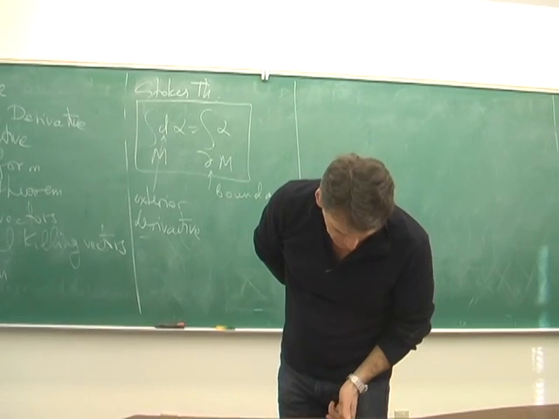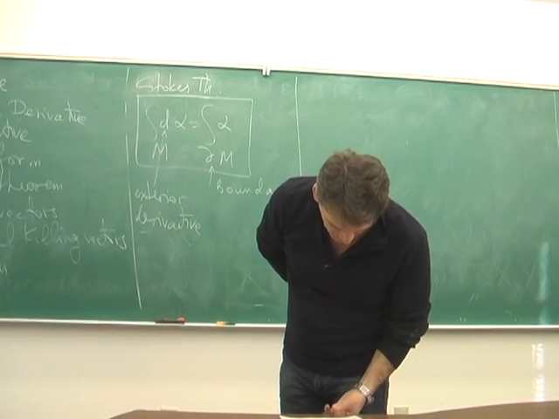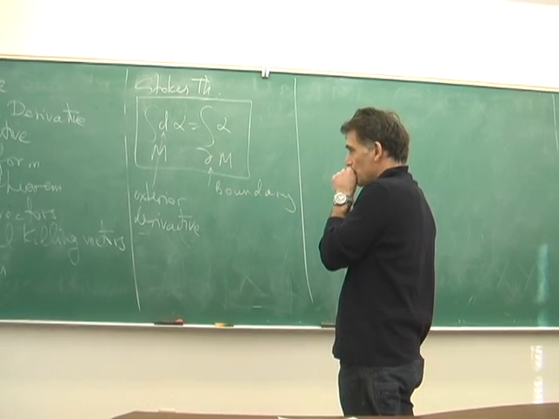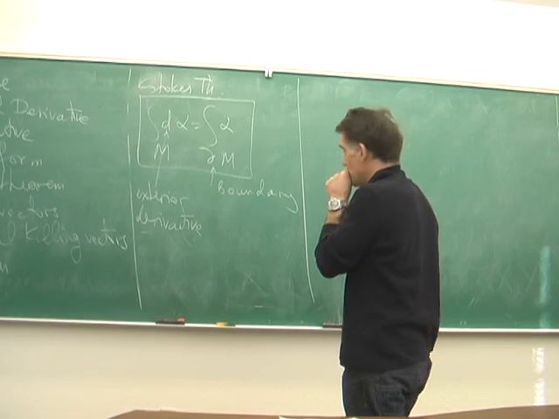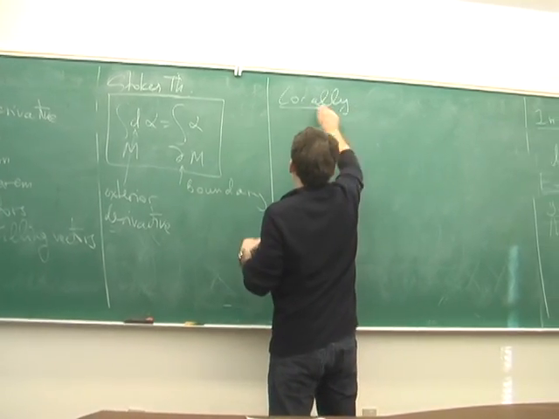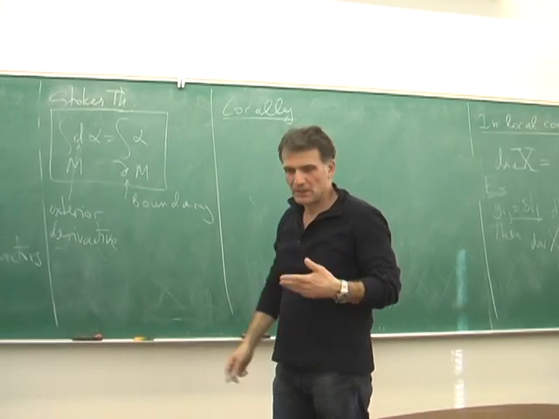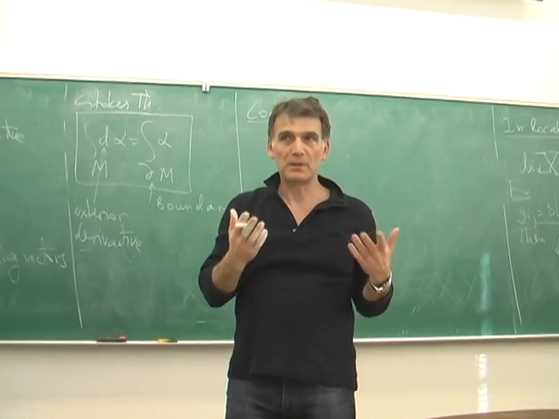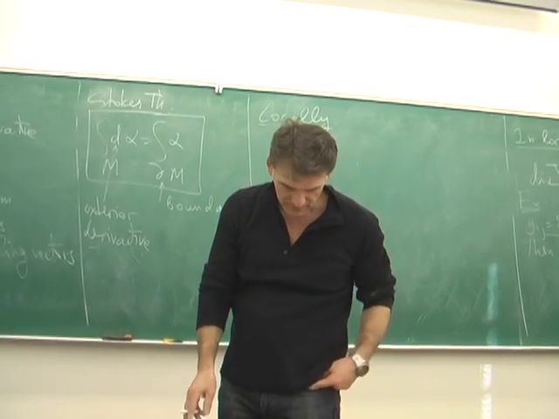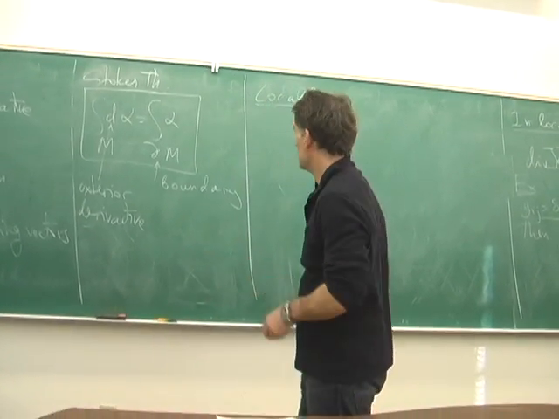Okay, well, just a second, let me explain. So you want to have a formula for how you integrate by parts, basically, on a manifold. So you want to be able to integrate by parts.